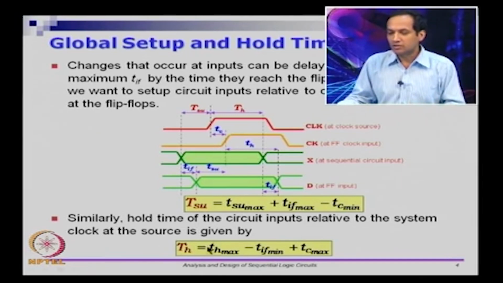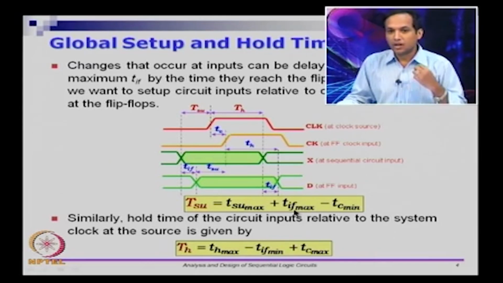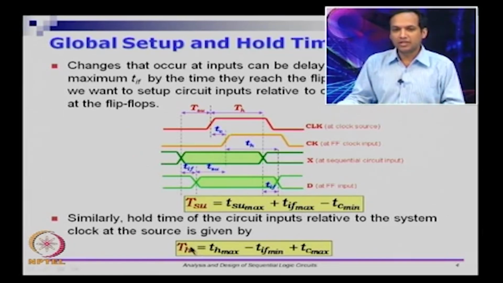So, with respect to TH, the hold time constraint can be violated because of the shortest path, which will have the delay of TIF minimum, and with respect to the external world, the longest path or TIF max can actually violate the setup time. So, TSU and TH, you can see the mathematical expressions.